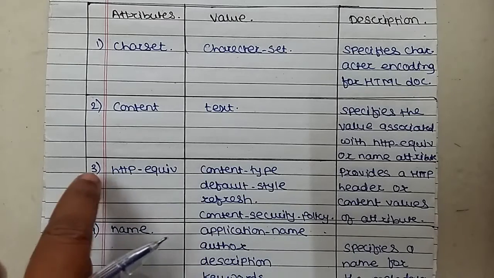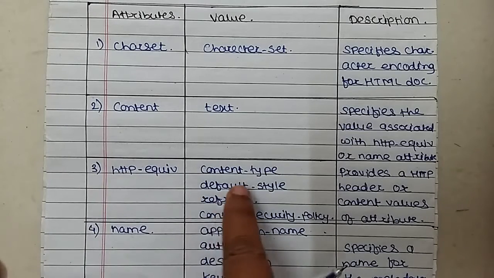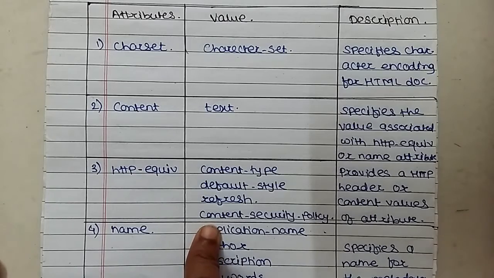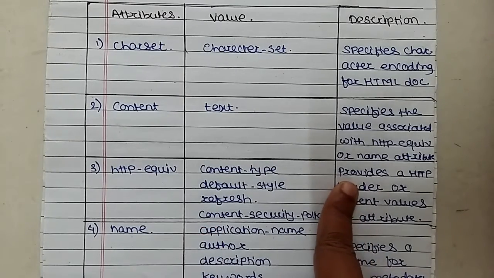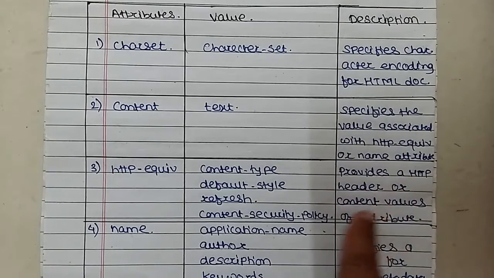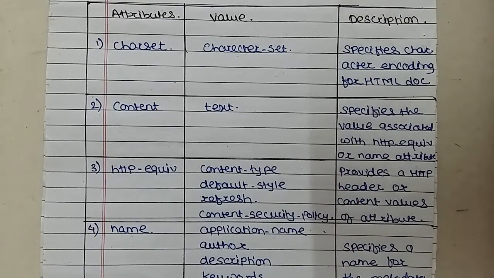Then third is the http-equiv attribute. What is the value of the http-equiv attribute here? That is content type, default style, refresh, or content security policy. It provides an HTTP header or content type values of the particular attribute.